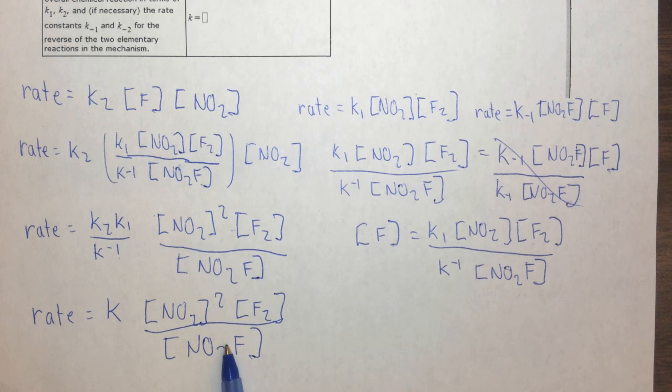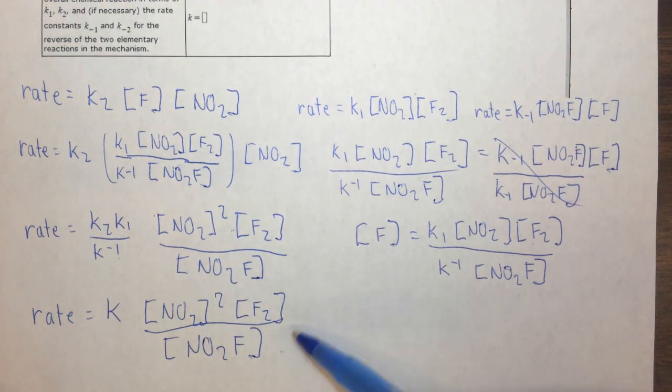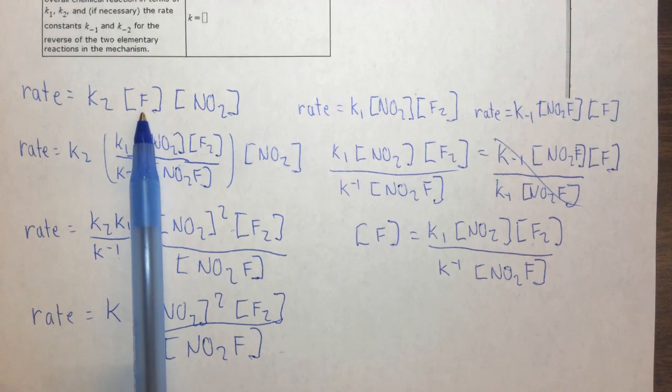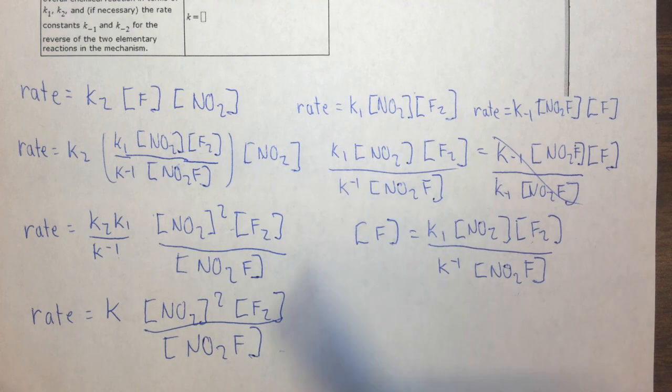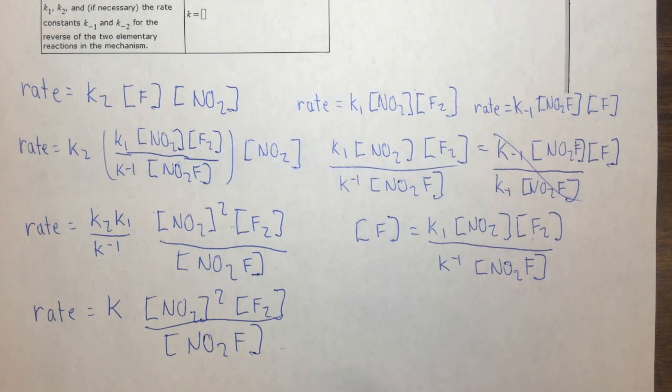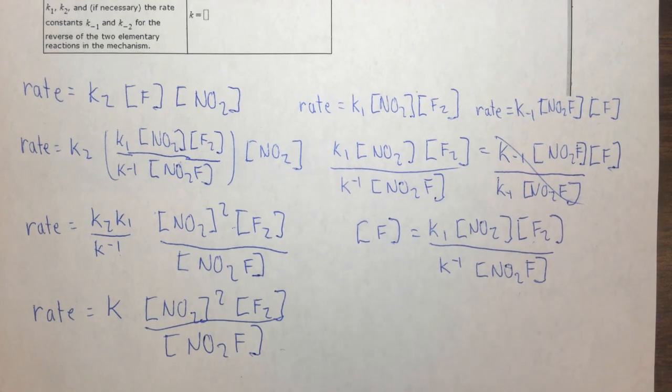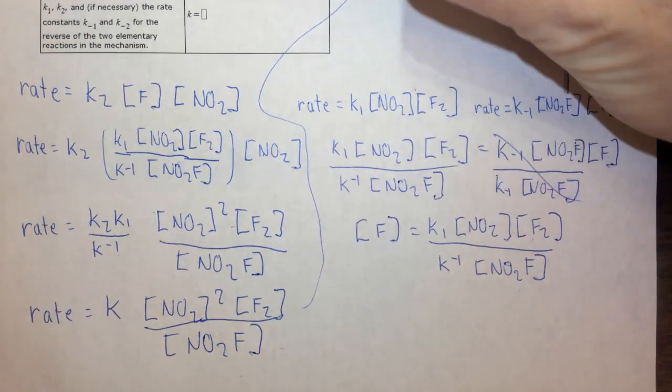Note that this looks more complicated, so you might ask, why would you use this more complicated one? The reason is we can't measure the concentration of F. So we need this rate law so we can actually measure these values if we want to study this reaction. So this is the answer to this one.